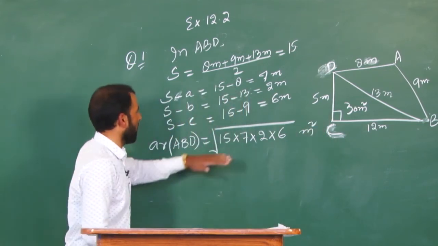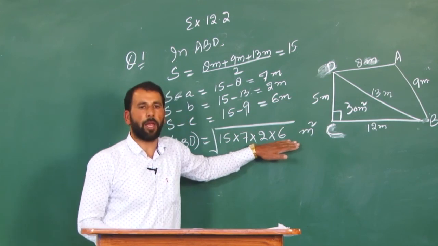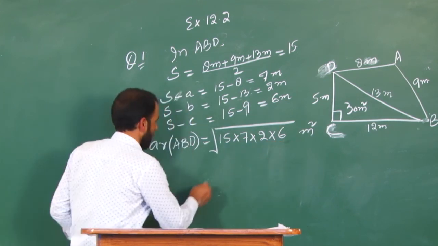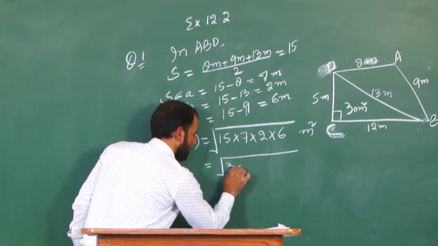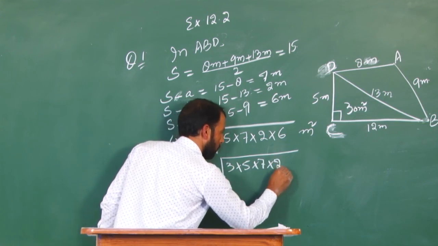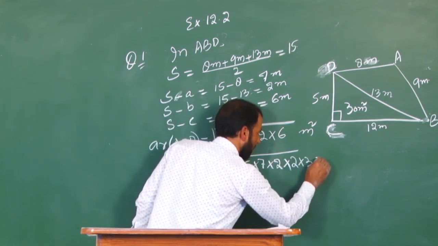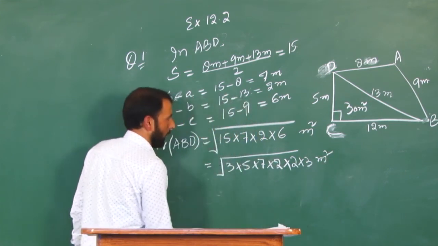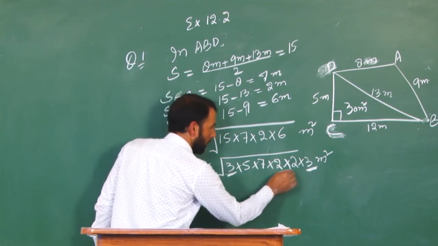Then 15 we can write as 3 into 5. And 6 we can write as 3 into 2. That implies it is the square root of 3 into 5, 7, 2, and 3 into 2 meter square. Here we observe that 3 is in pairs and 2 is in pairs.